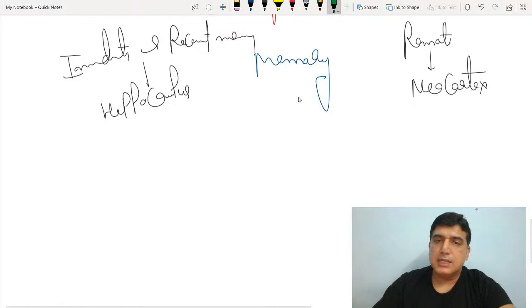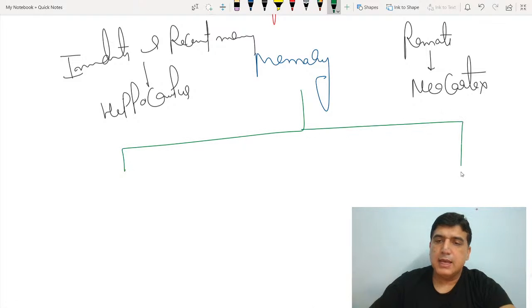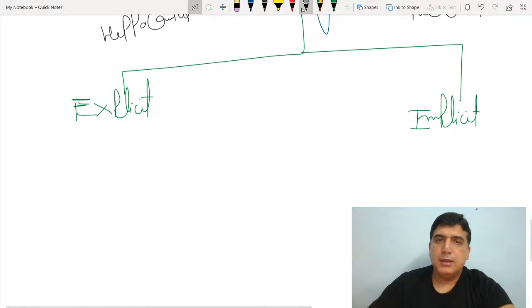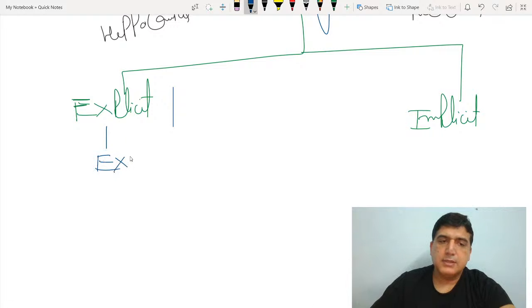Another important classification of memory that they are asking again and again, I want to tell you properly. Explicit memory and implicit memory. Explicit memory is a memory which we can express.